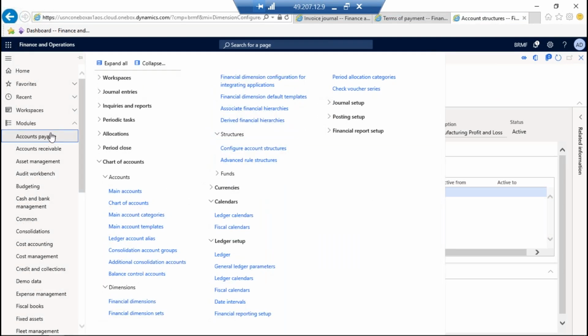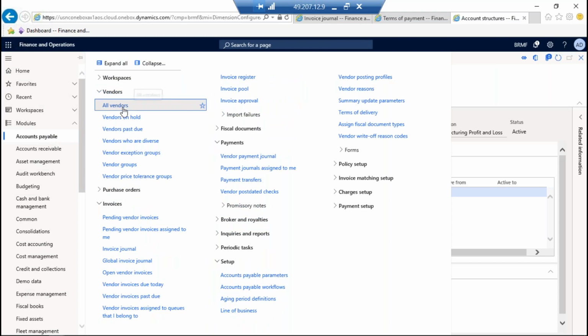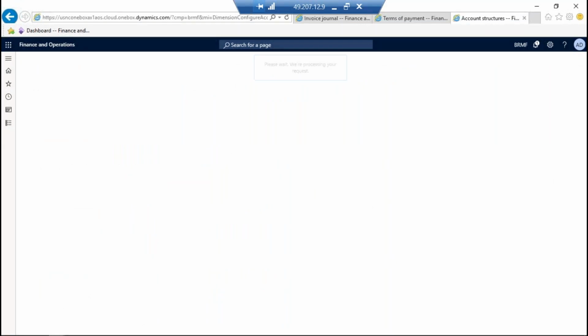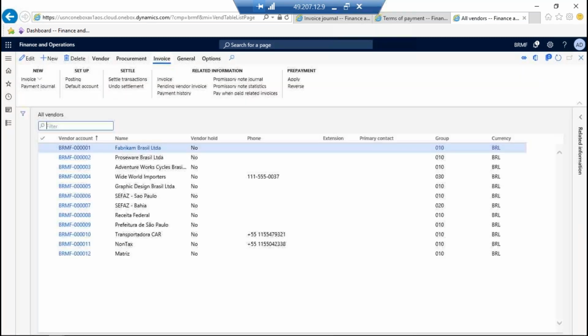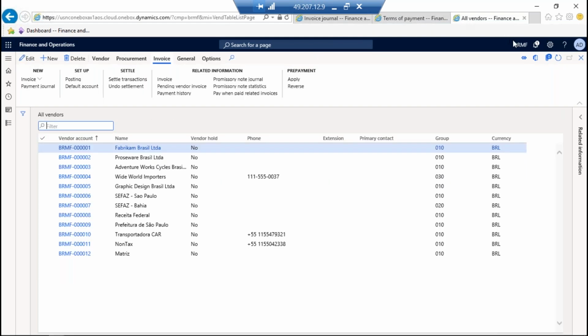Let me go to the accounts payable module, vendors, all vendors. Okay, one second. This is USMF. This is not USMF. Let me change it to USMF.